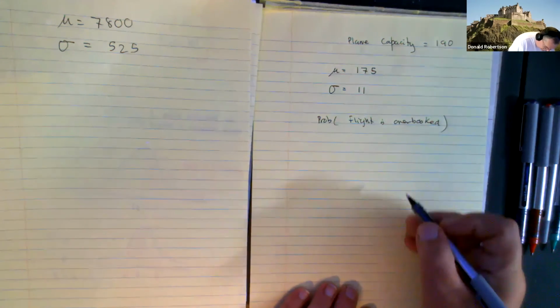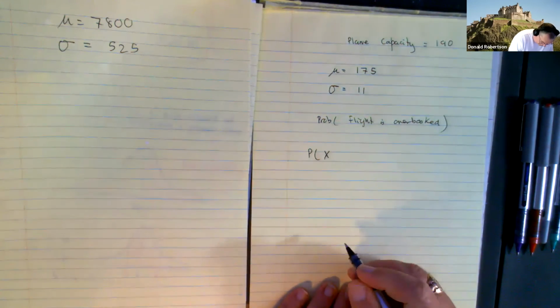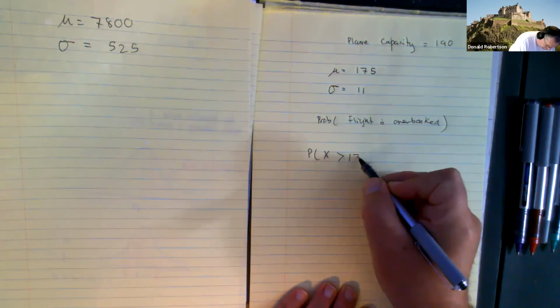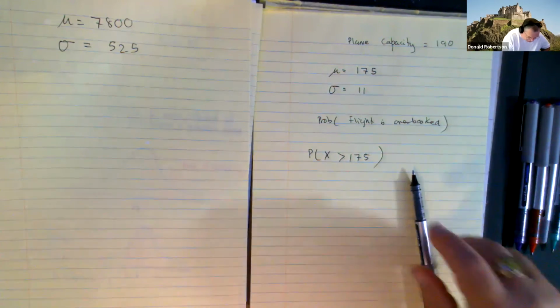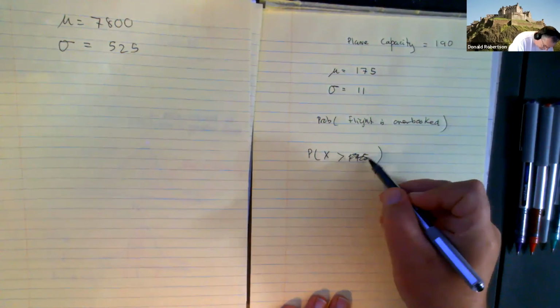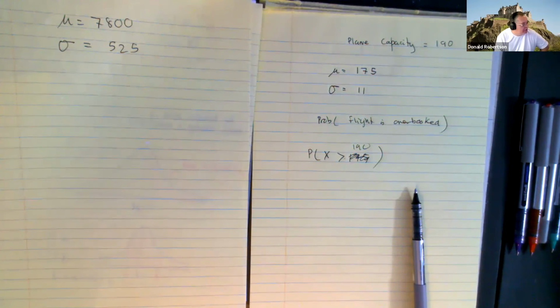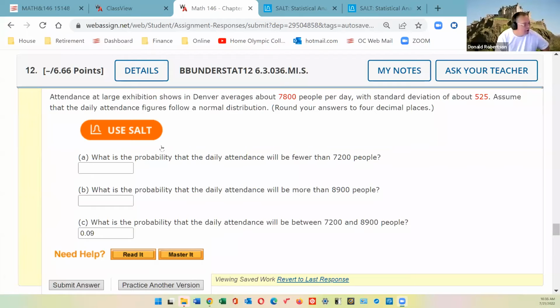Let's find the chances then you're overbooked. Well, that would be the probability that X, the number of people, is greater than, I just said the wrong number there, greater than 190, because that's the capacity. So I'm going to nip over here, and we are going to see what the chances of this particular flight being overbooked are.